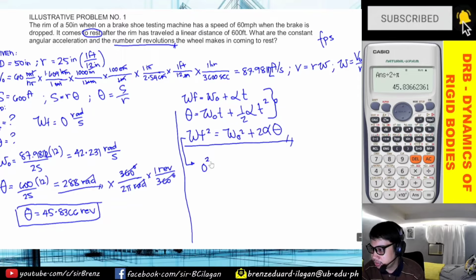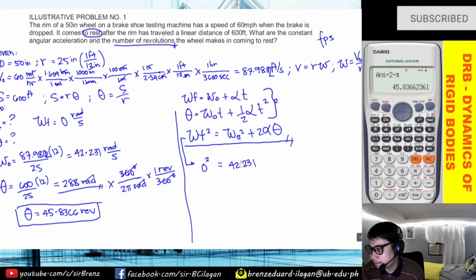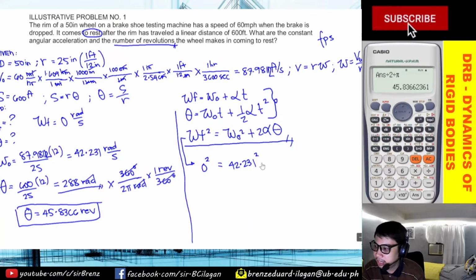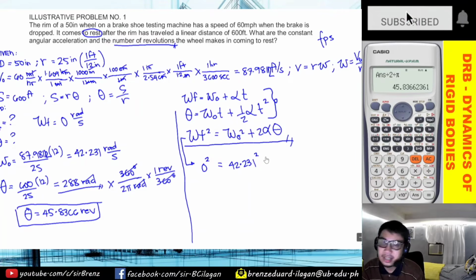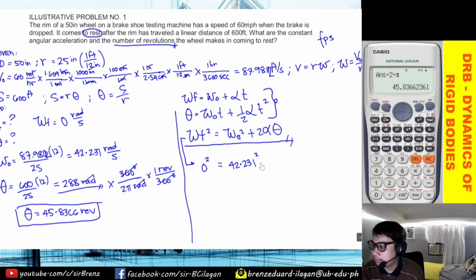So, 0 squared is equals to initial, 42.231 squared. Ito, expected ko na magne-negative kasi magsi-zero coming from velocity, so babagal siya. So, gawin ko na lang plus para hindi tayo malito.